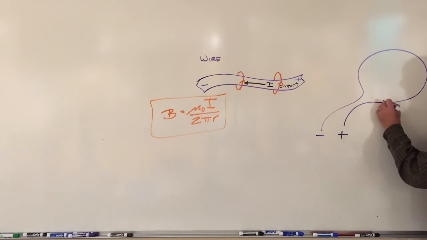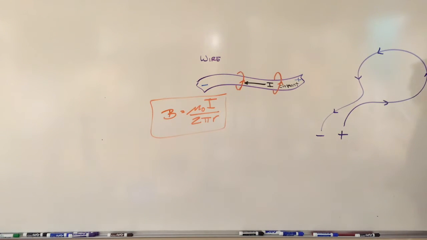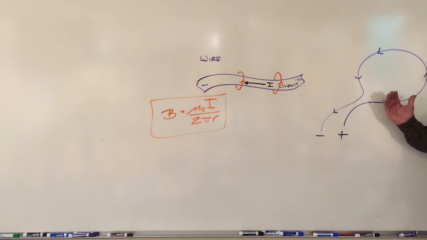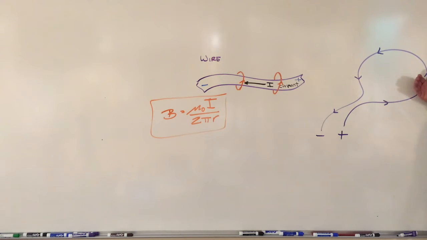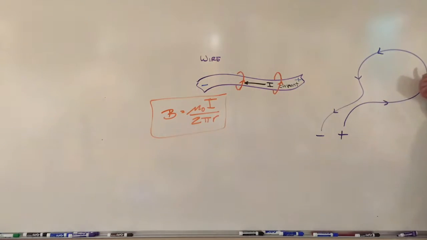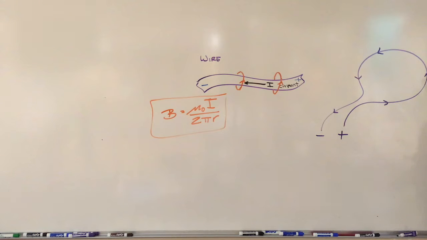Again, current is flowing from positive to negative. And so we could just employ what we did here, where we point our thumb in the direction of current. Doing that, you'll see at all locations results in a field that is coming out of the loop in the case of this current direction.